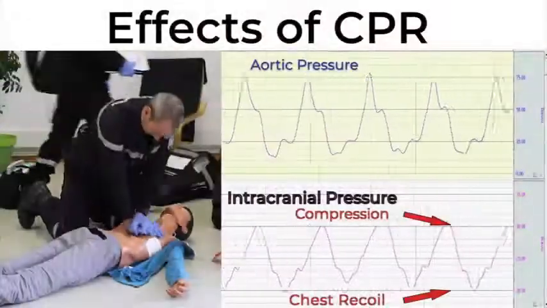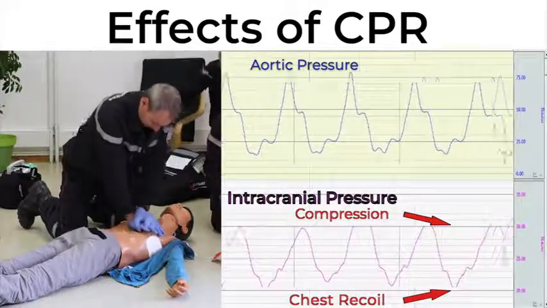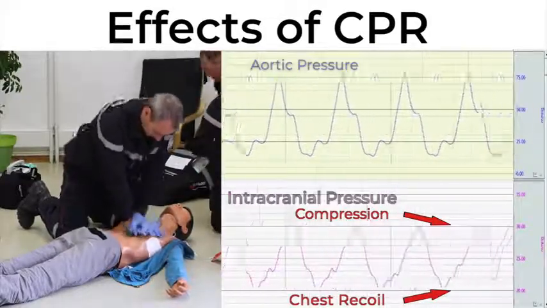And then some 10 times per minute, we provide a positive pressure breath. When we inflate the lungs, the pressure inside the lungs goes up. The pressure inside the thorax goes up, and that pressure is transmitted immediately to the brain because there are veins that run along the back of the spine, along the spinal cord, called the paravertebral venous plexus, and they instantaneously transmit pressure from the thorax to the brain.